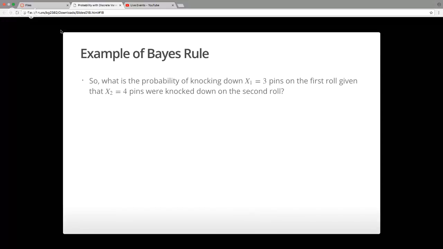Using Bayes' rule, because this is a Bayesian class. And because we just got through devising Bayes' rule, which is not all that hard to do.